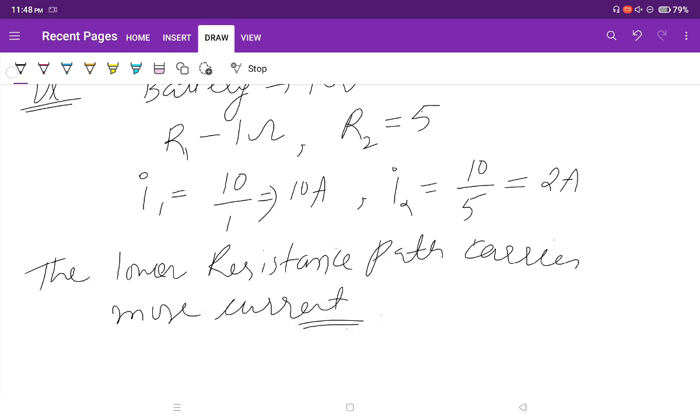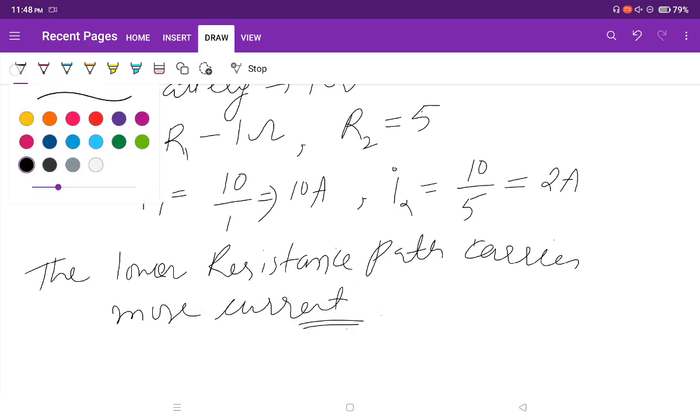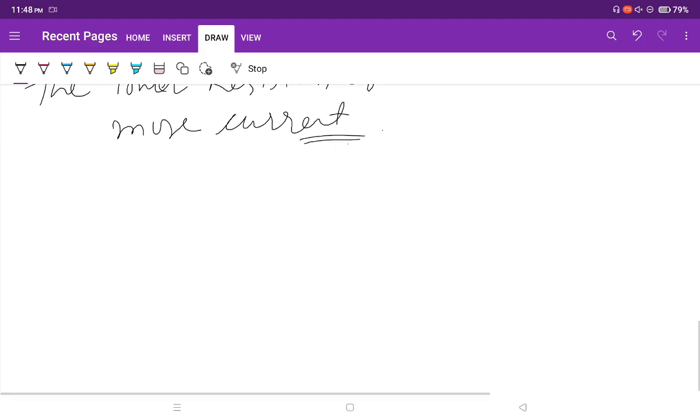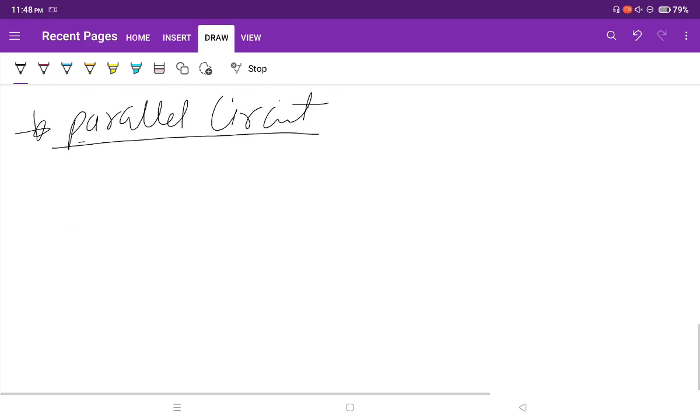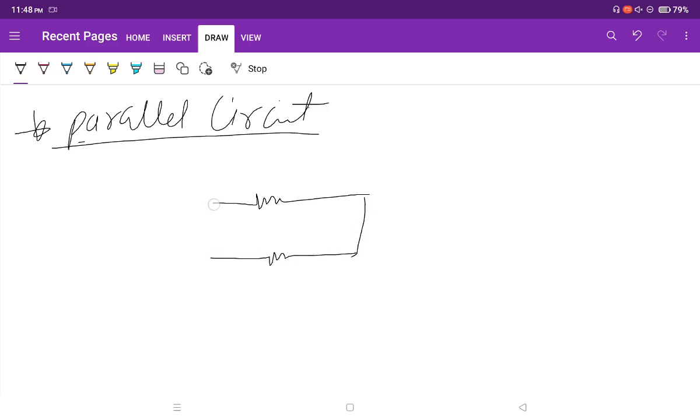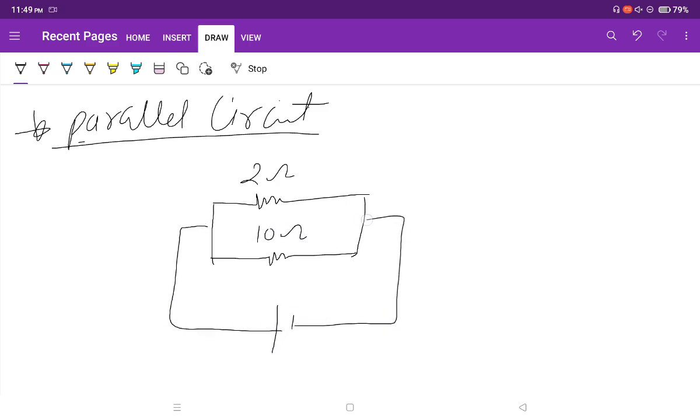Now this is the actual scenario in a parallel circuit. Suppose I have two resistances, say 2 ohms and 10 ohms, connected across a battery of 10 volts.